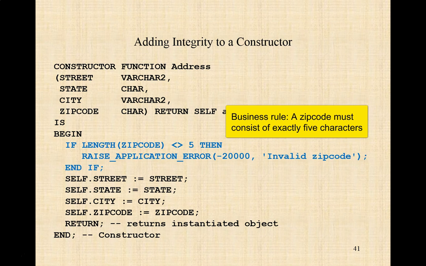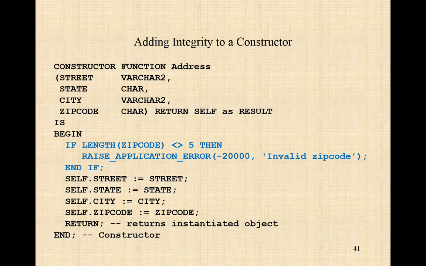For example, let's look at the zip code. Suppose there's a business requirement that says the zip code must be 5 characters. That being the case, we examine the zip code that we received as an argument, and if its length is not 5, it's unacceptable. So we throw an exception. We call raise application error and return an error code.